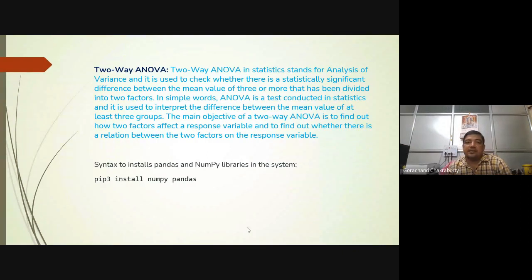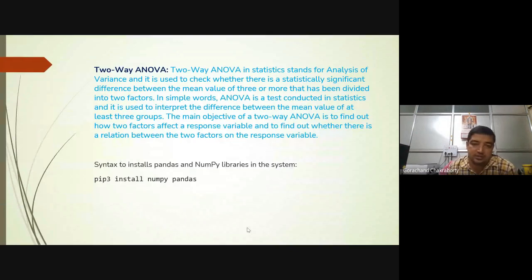In simple words, ANOVA is a test conducted in statistics, and it is used to interpret the difference between the mean value of at least 3 groups. The main objective of a two-way ANOVA is to find out how 2 factors affect the response variable, and to find out whether there is a relation between the 2 factors on the response variable.